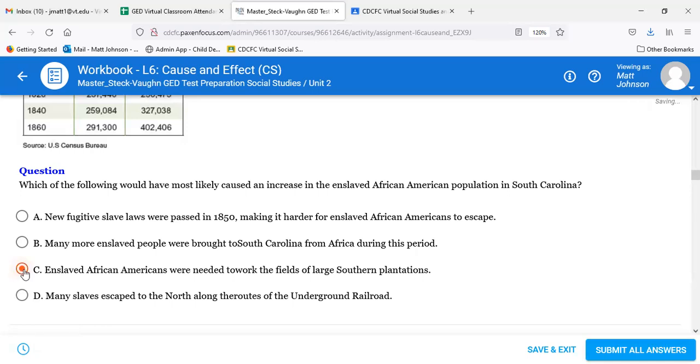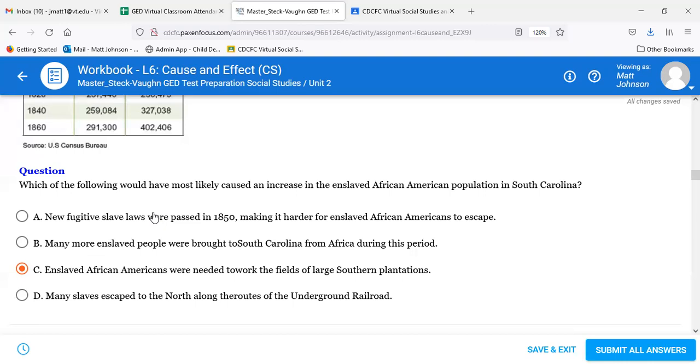Right, because of the increased production of cotton and how much they required to work fields. That's what's driving the enslaved population to increase over that time. Earlier there were fugitive slave laws where northern states would return slaves.